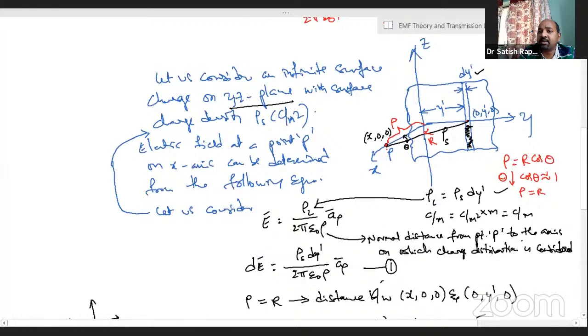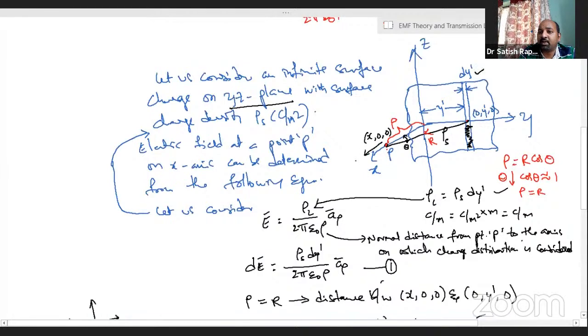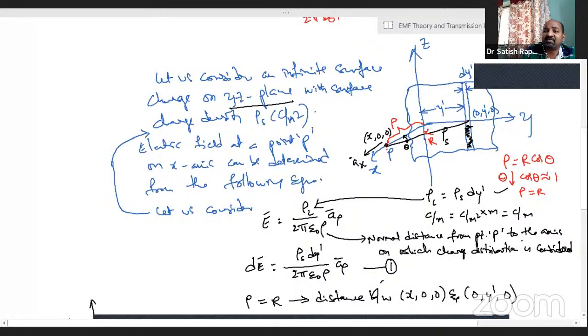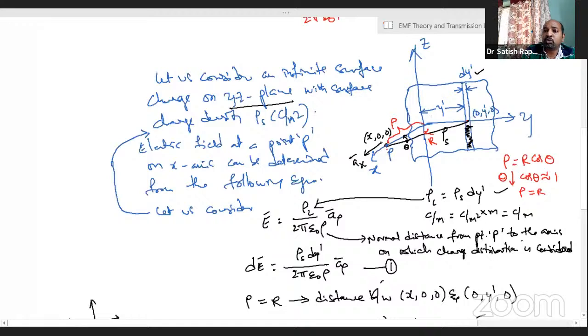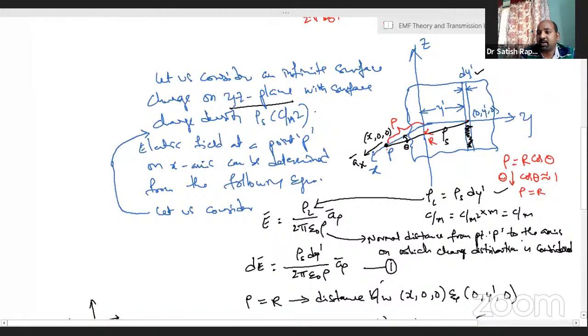So what is ax bar? Ax bar is in this direction. Therefore the electric field is towards the point. Here the point is considered on the x-axis, so therefore it is ax bar.